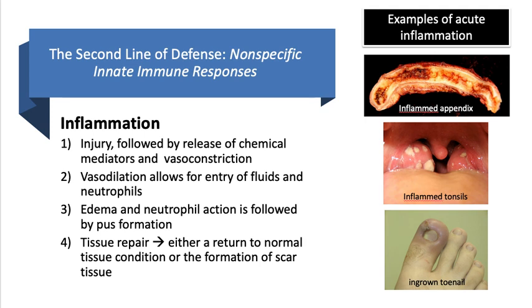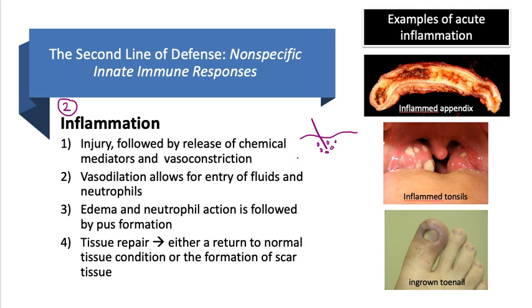Another important defense mechanism in the second line is inflammation. So inflammation is also going to involve phagocytosis, but it also involves a lot more than that. All right, so inflammation usually happens when a tissue is injured. So if this is the surface of your skin and you get a splinter, then microbes will get into your skin because of that injury.